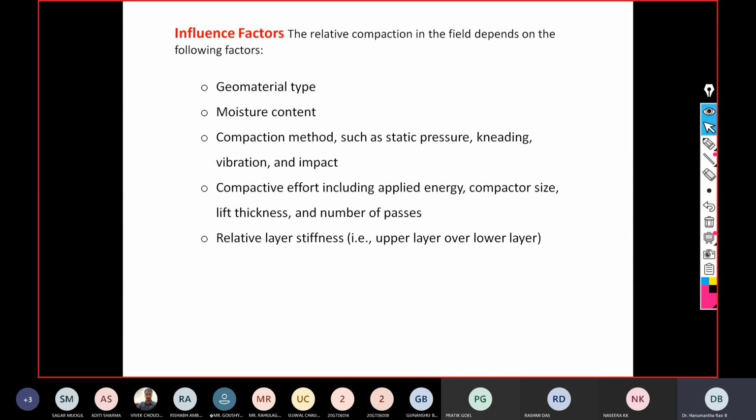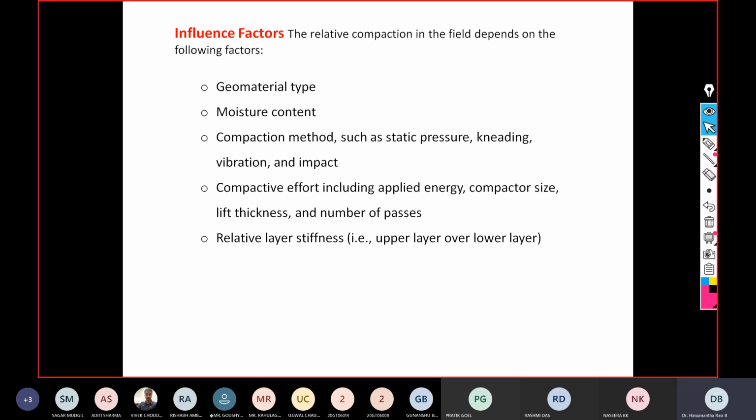If the lift thickness is too small, then there may be some over compaction, or you are wasting the energy. So there should be an optimum lift thickness and an optimal number of passes. If the number of passes is too low, then the soil is under compacted. If the number of passes is too high, then you are wasting the energy.